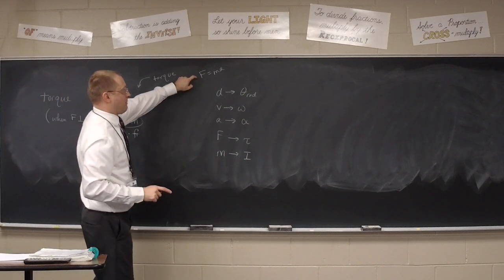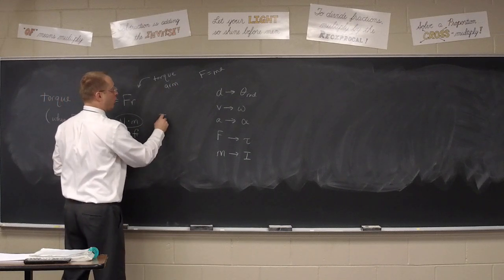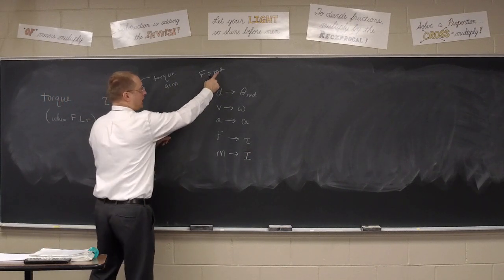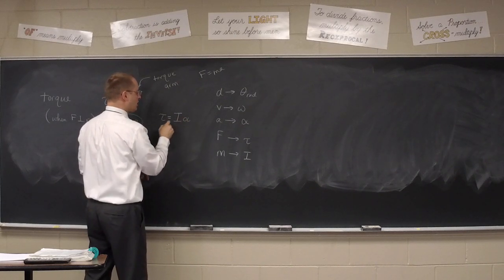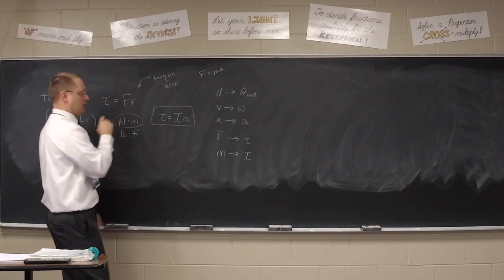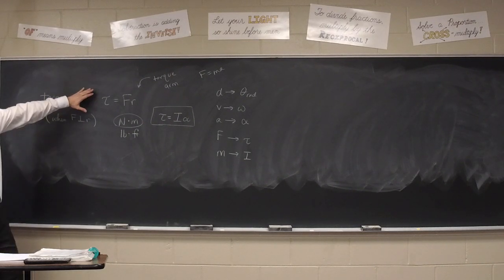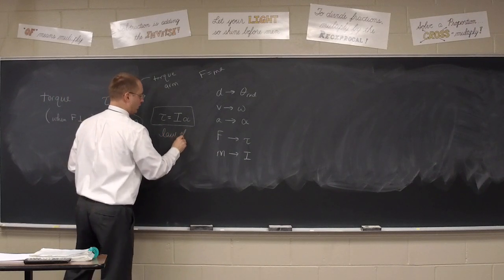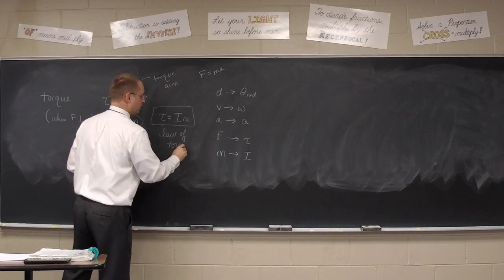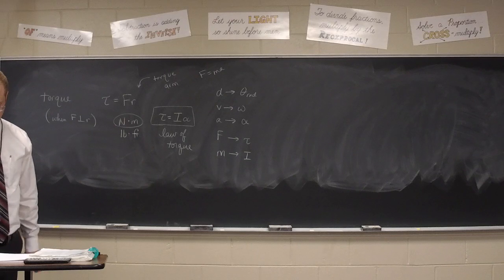So F equals ma is fine for linear motion, but for rotary motion, we're going to say that torque is equal to the product of the rotational inertia and the desired angular acceleration. So we have two different equations for torque. The definition of torque, force times radius, and what we call the law of torque. It's Newton's second law of motion, rewritten for rotary motion. The law of torque, tau equals I alpha.